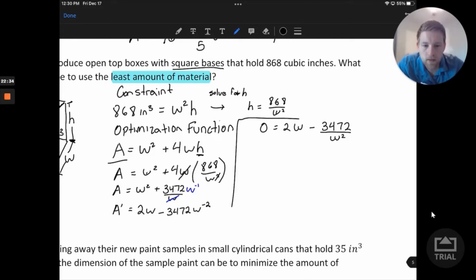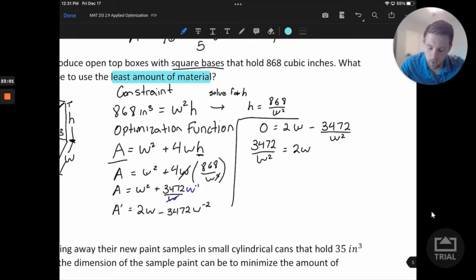Okay. Now we can see if we can rearrange these terms and solve for W the best we can. So if we add our second term over, we could call that a positive 3,472 divided by W squared equal to 2W.